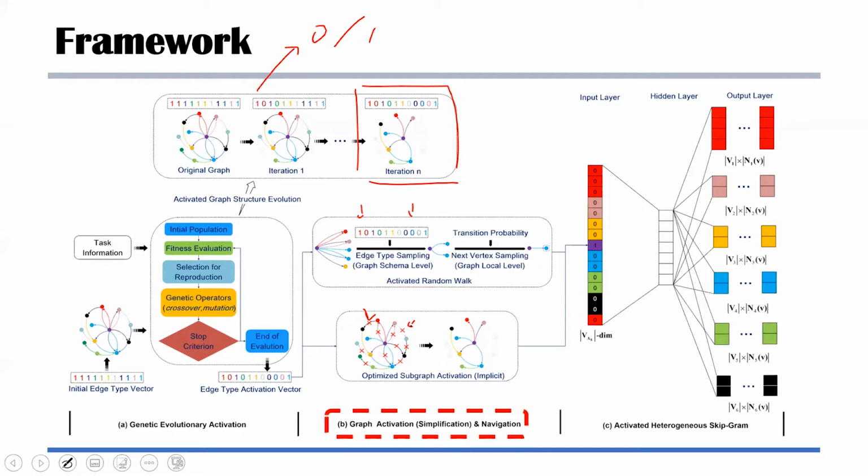So at the second step, we have a much smaller graph compared with the original one for the random walk function. And then for the third part, when we really generate embeddings using skipgram, our graph size can be much smaller.